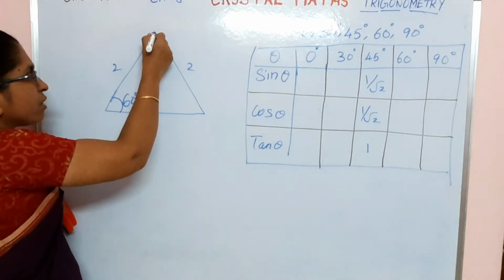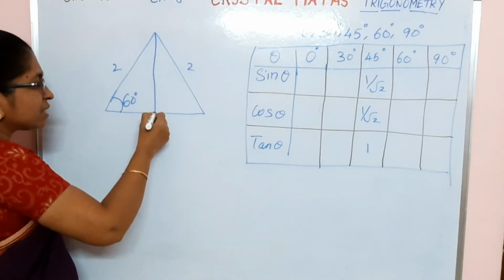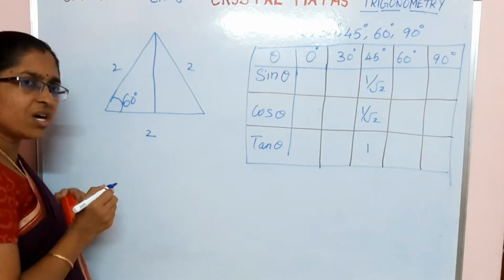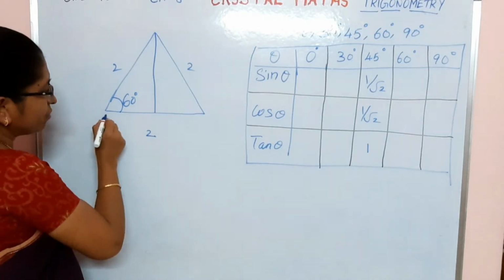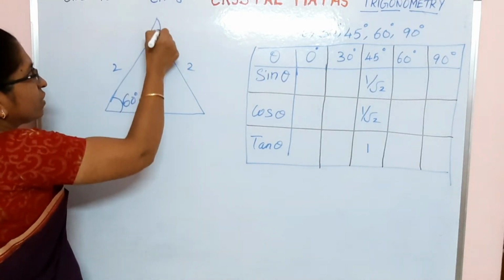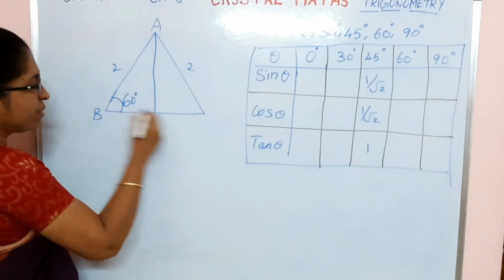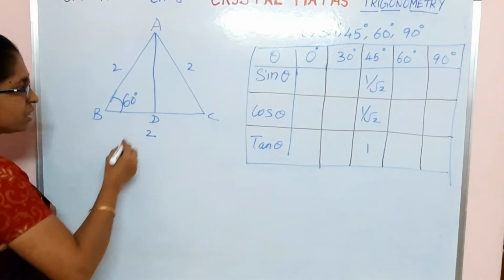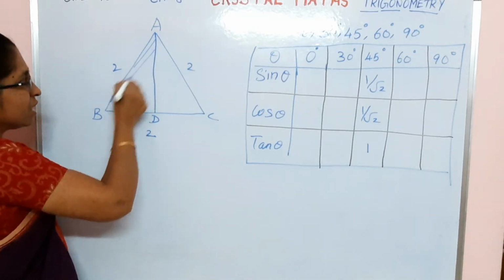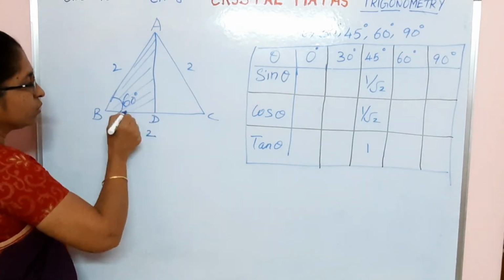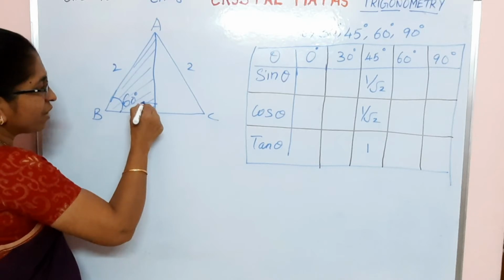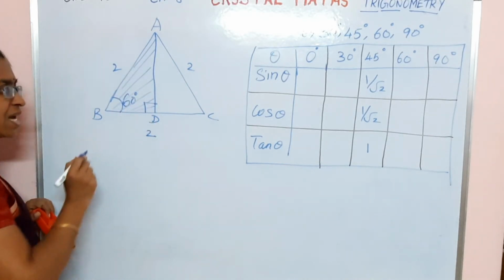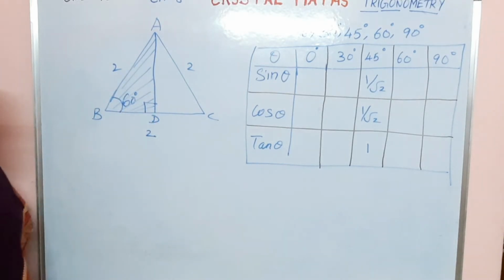Now I am going to draw a perpendicular bisector. Let us give names: ABC is the triangle, AD is the perpendicular bisector. I am going to consider this triangle alone because here I have 90 degrees, so it is a right triangle. We can use trigonometry here.